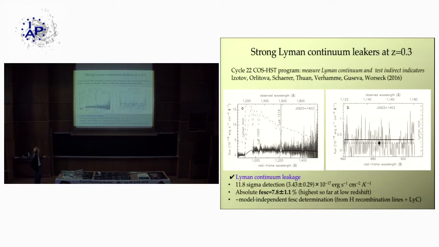It is above 0, and that black line, I think, is the interval over which we integrate the data. If there is no continuum escape, then you have a 0 flux. You are above 0, and you see the error bar. So this is the flux measurement, and this is a 12 sigma detection of a non-zero flux.